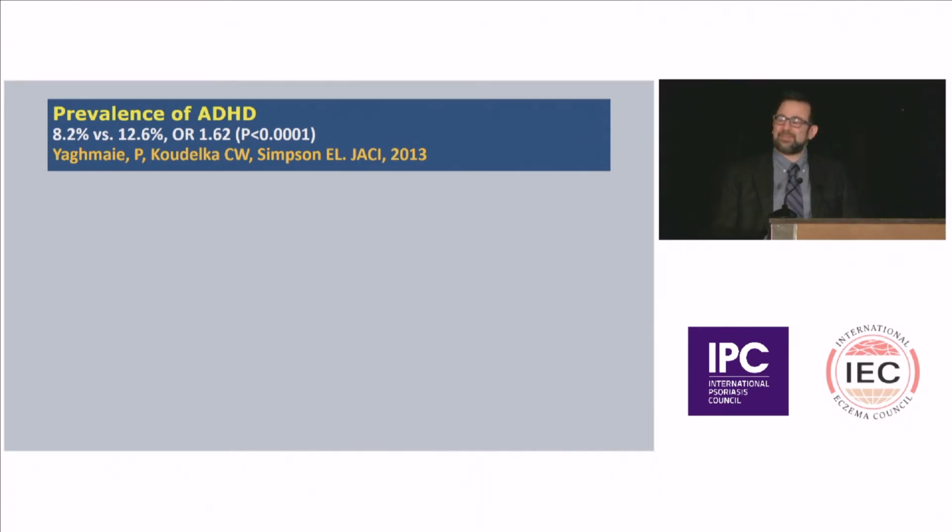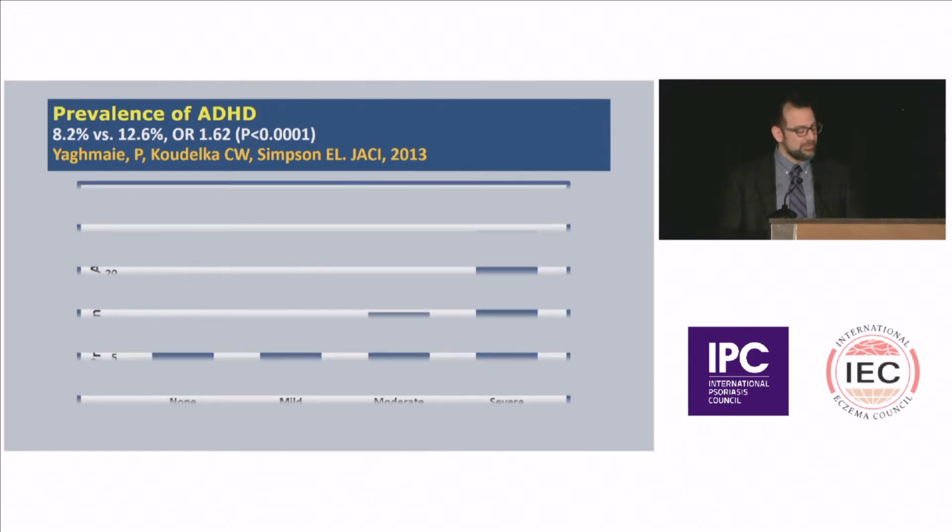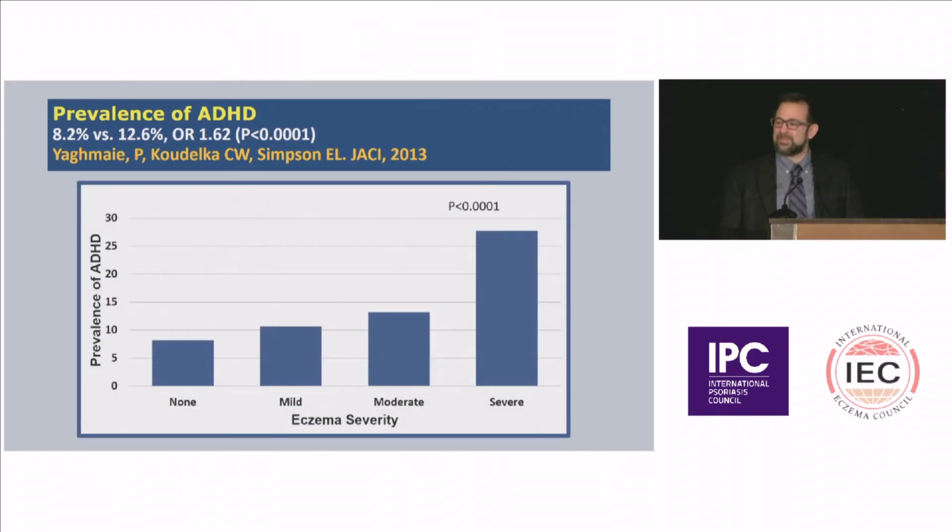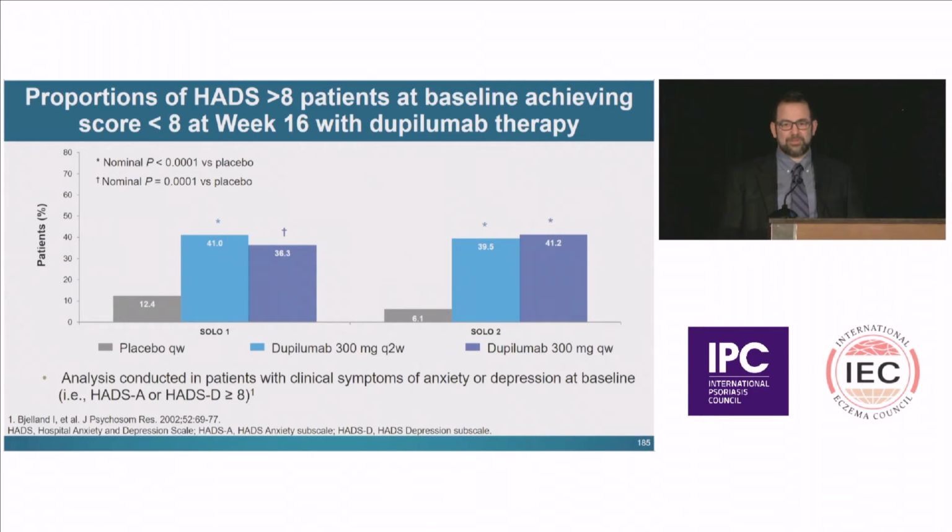We showed that the prevalence of mental health comorbidities is increased in atopic dermatitis. In children, ADHD, anxiety, depression. Jonathan Silverberg has shown the same thing, and many others have shown the same thing in adults as well. It's unclear what the causal direction is, but interestingly, this is data from SOLO-1 and SOLO-2, the phase 3 trials of dupilumab most recently published.